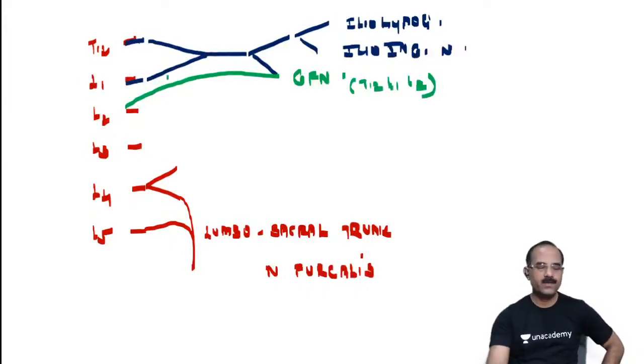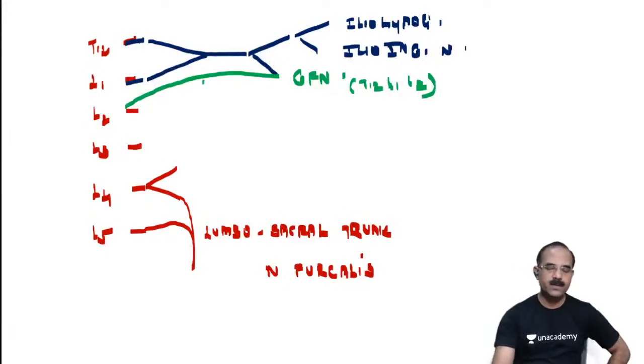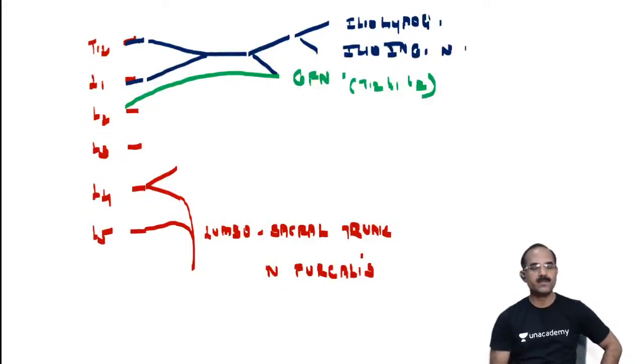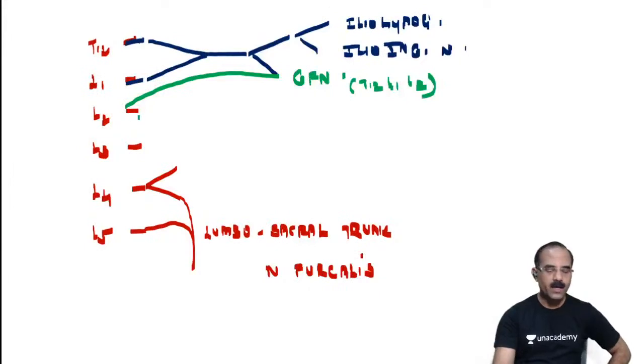So look at this. T12 joins with L1. Here it divides into two. The upper one further divides into an iliohypogastric and ilioinguinal. The lower one joins with a direct branch from L2 and forms the genitofemoral nerve. Now L2 first gives a branch to form the genitofemoral.